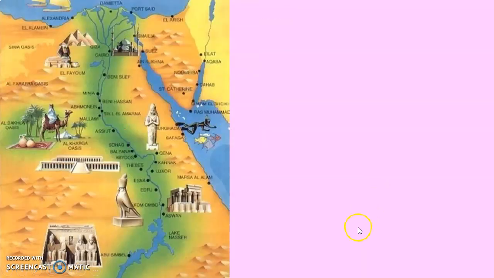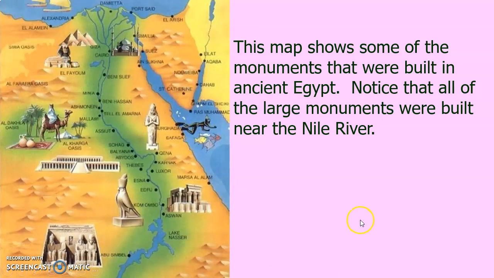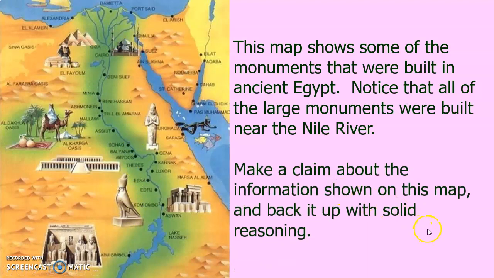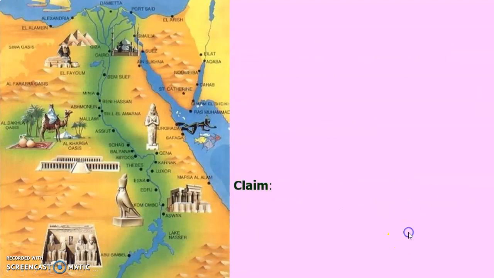The second map that you are doing by yourself shows some of the monuments that were built in ancient Egypt. Notice that all of the large monuments were built near the Nile River. Make a claim about the information shown on this map and back it up with solid reasoning. Again, pause until you are ready.